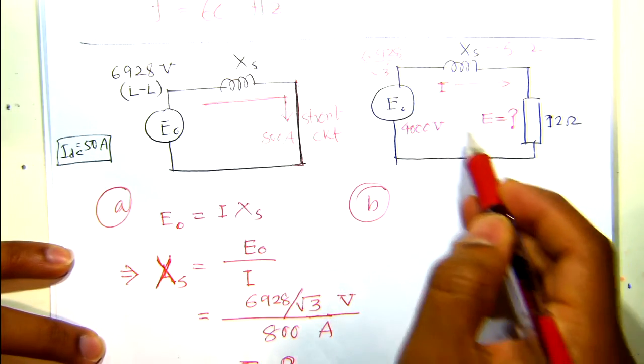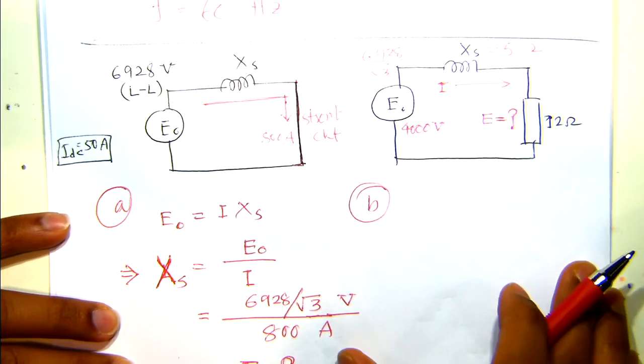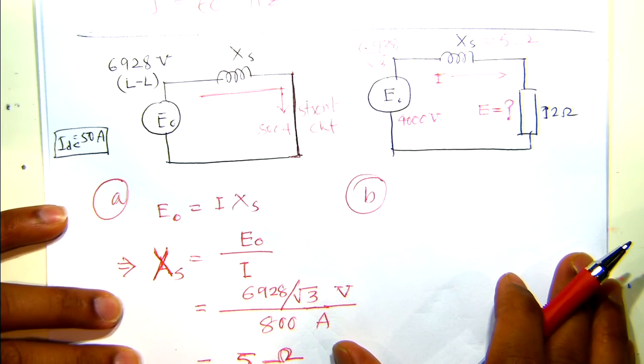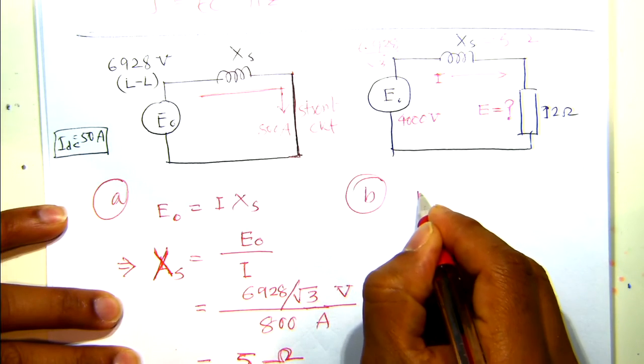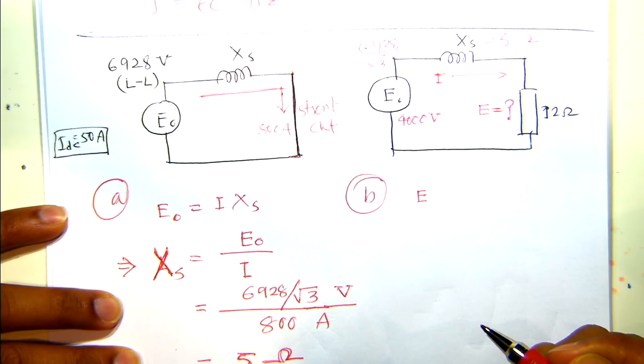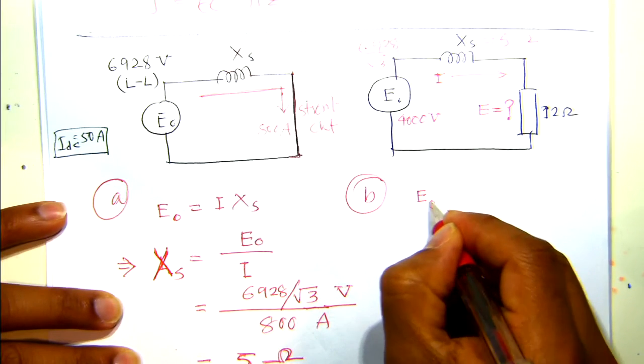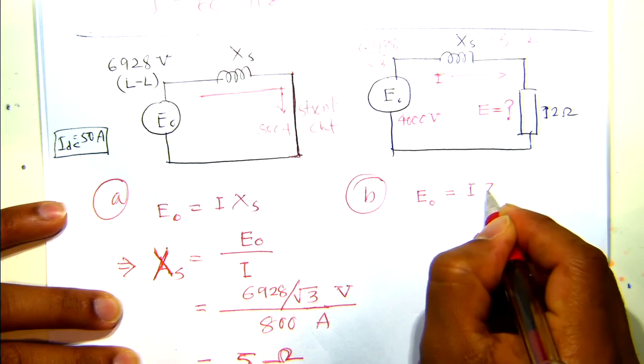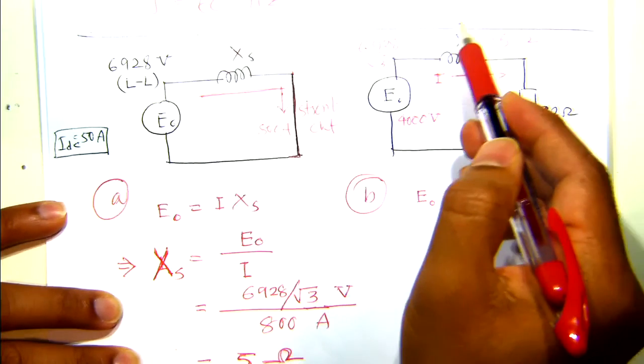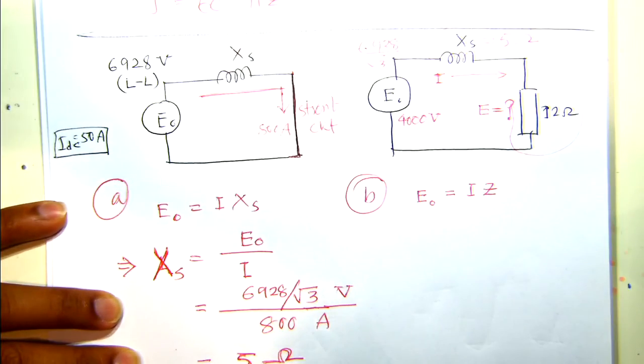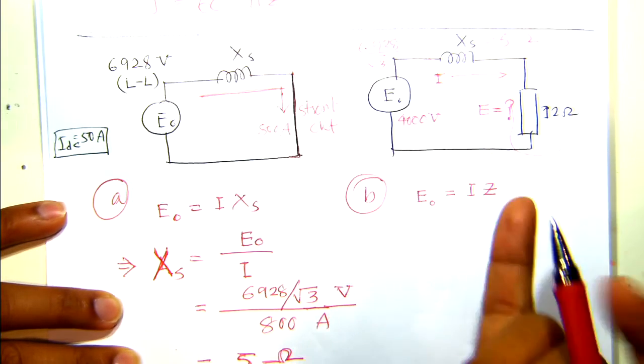In this circuit, we can write this equation that E naught equals I and Z, where Z means the combination of these two, the total impedance of the circuit.